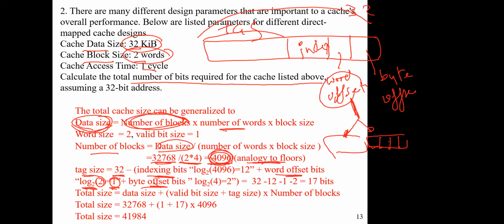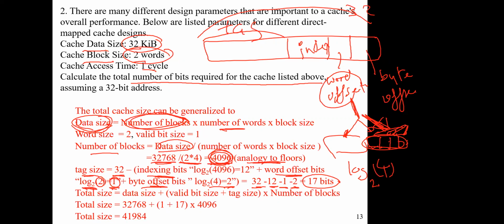So assuming that I specify here which room I should address, how many bits do I need? 2 bits. Yes, so we have 4. Log 4 to the base 2 is equal to 2. So 32 minus 12 minus 1 minus 2, I have 17 bits. 17 bits for the tag.